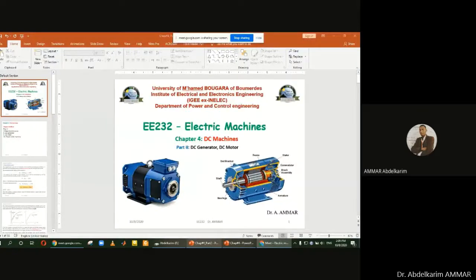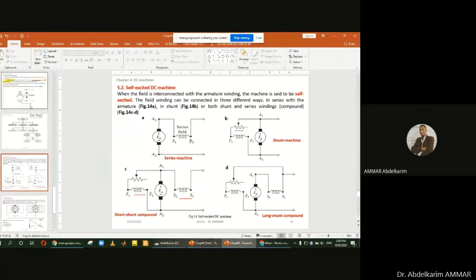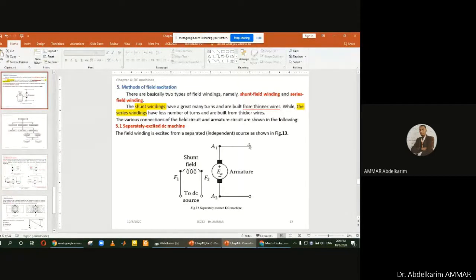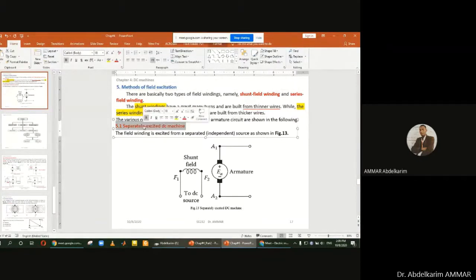If the field and the armature are supplied separately, we call this a separately excited DC machine, also called separate or independent. Each one is connected to an independent DC source, of course.